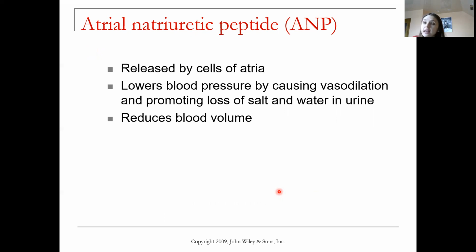As a result, ANP is produced, and it affects the kidney directly and is responsible for increasing excretion of water by the kidney, so increased urination. As a result, blood volume decreases, and further venous return becomes smaller.